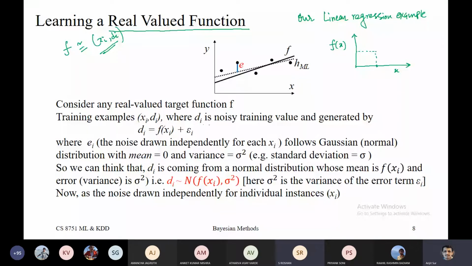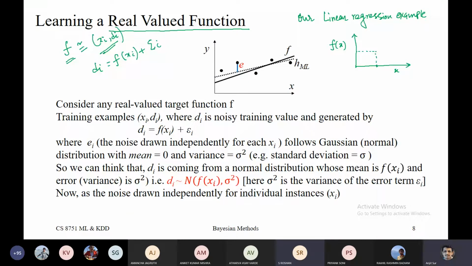So this di is a noisy training value. Training samples are not always accurate, and di is generated as f of xi plus some noise, epsilon i.